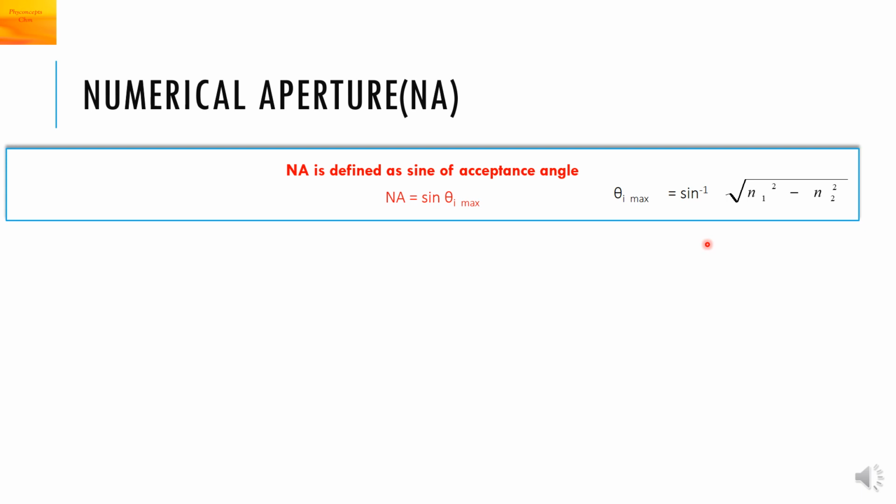We can write this as, we had derived this theta I max in the earlier video. It is given as sine inverse of square root of N1 square minus N2 square.